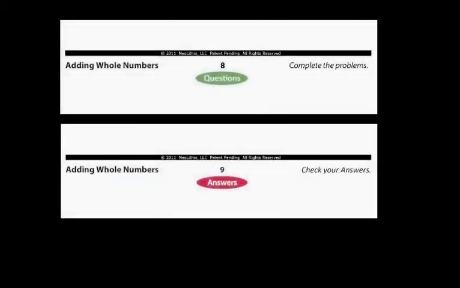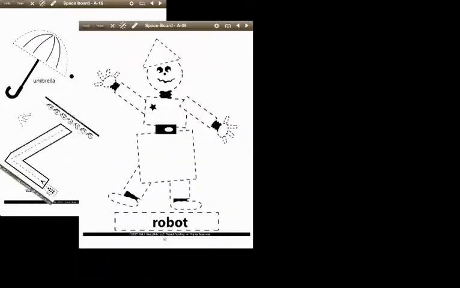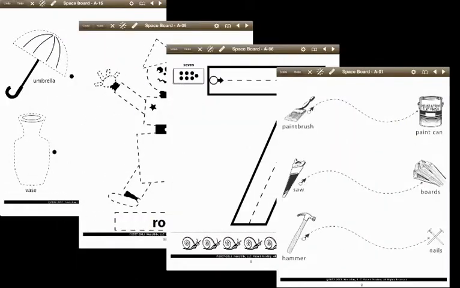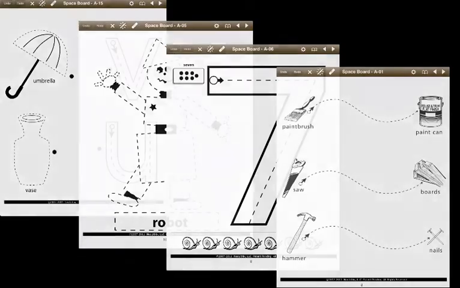Question and answer pages on these skill packets are labeled with a green question icon and a red answer icon, provided with the templates. The rest of the pages in the skill packets are essentially free-form. Free-form pages may consist of teaching pages, practice pages, story pages, game pages, and so on.